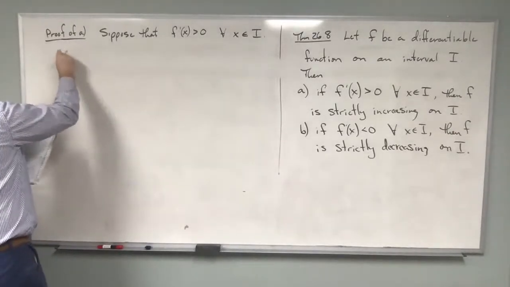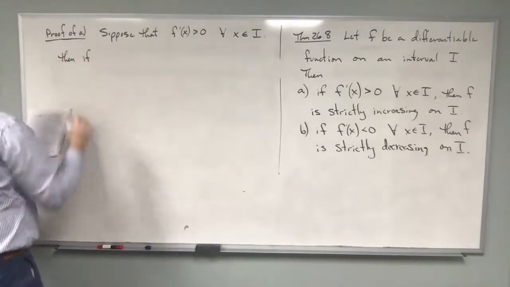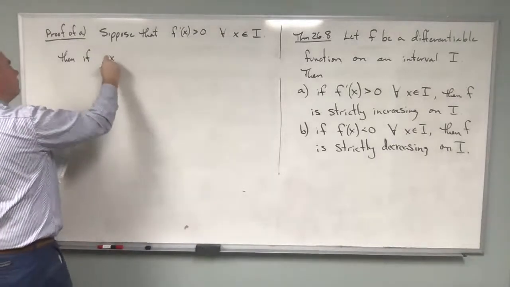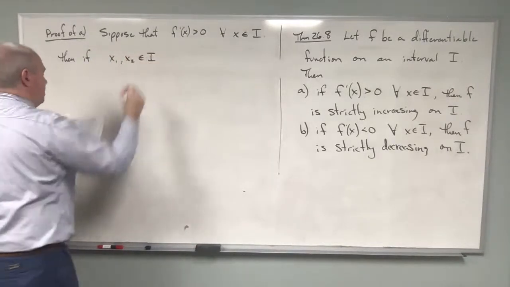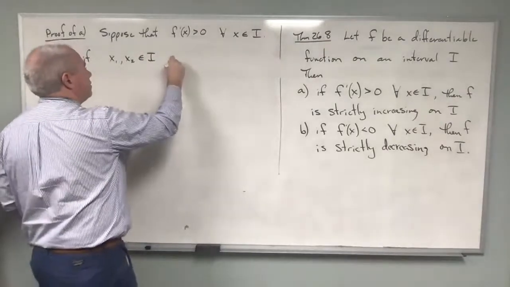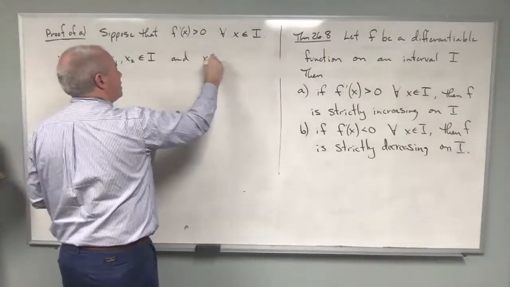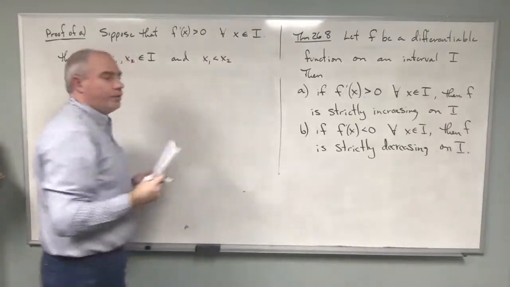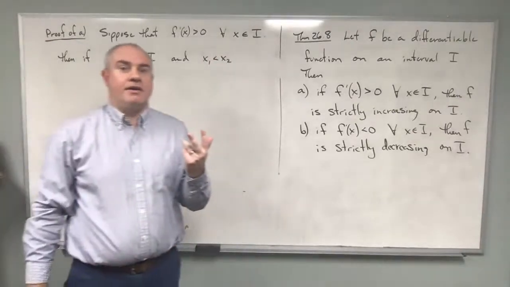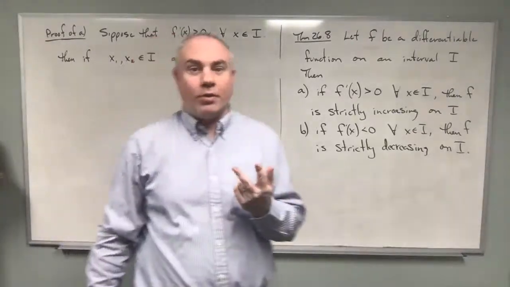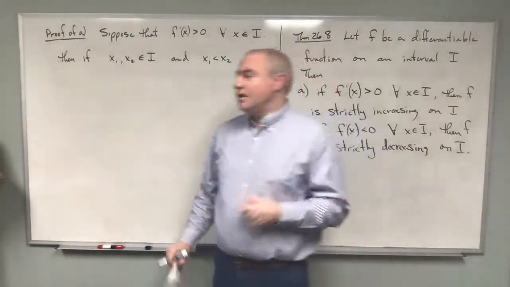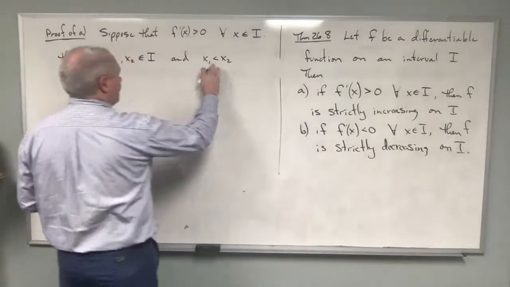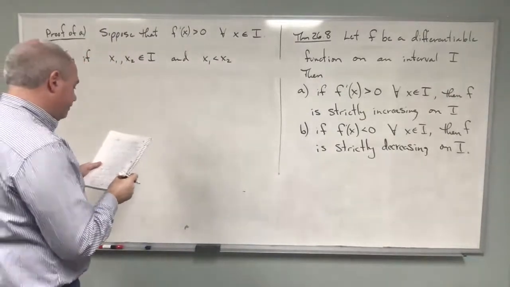Then, if x1 and x2 are both in I, and x1 is less than x2. So we just choose 2 points in I. One of them has to be the small one, right? And so we'll just call the small one x1. So x1 is less than x2.